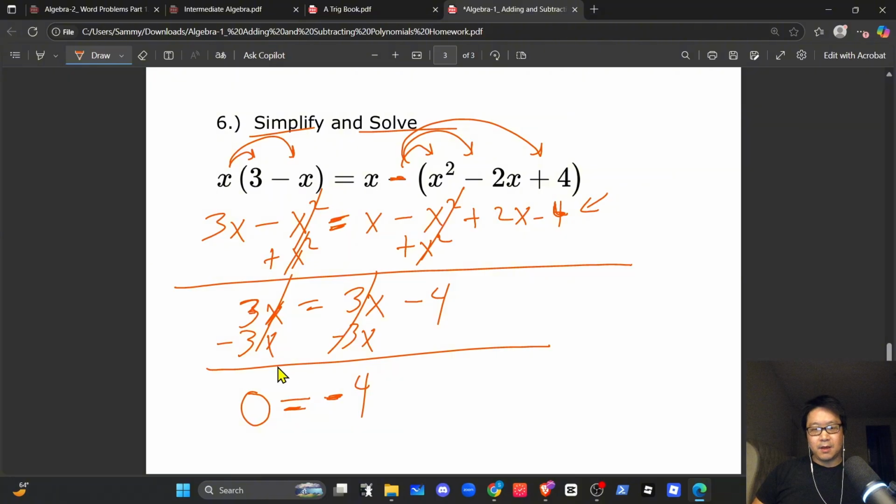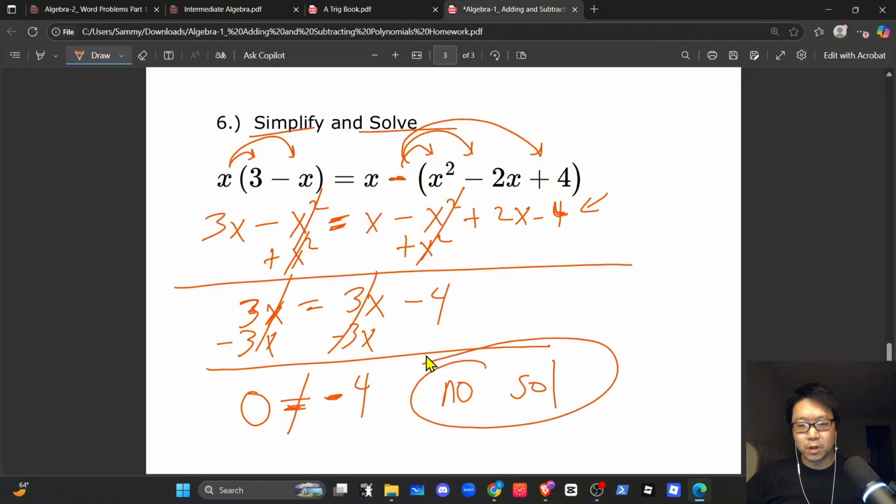In terms of the types of linear equations that you can run into, this is a false situation. 0 does not equal negative 4, so this is a contradiction. So for number 6, you can just write no solution. That should be acceptable to your teacher.